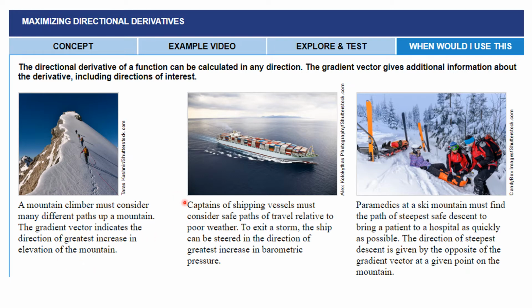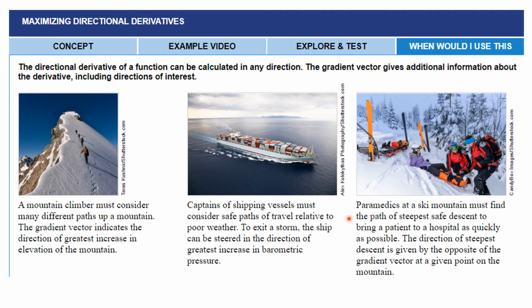Captains of shipping vessels must consider safe paths of travel relative to poor weather. To exit a storm, the ship can be steered in the direction of greatest increase in barometric pressure. And paramedics at a ski mountain must find the path of steepest safe descent to bring a patient to the hospital as quickly as possible.